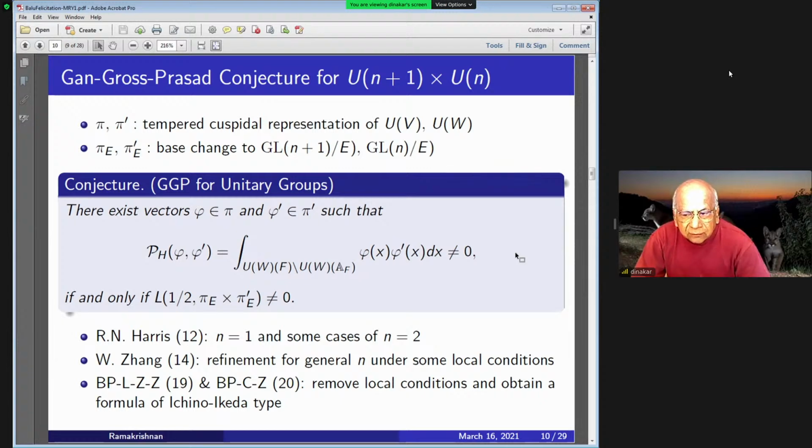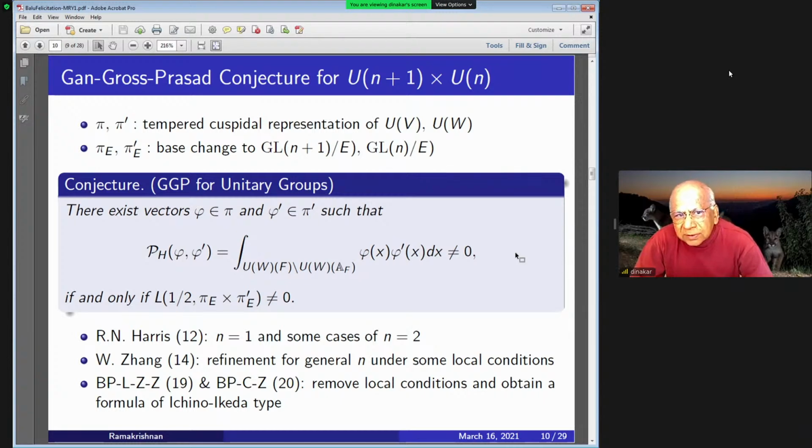This is a kind of generalization of the work of Waldspurger. Because when you take U_2, that's essentially like GL_2, and U_1 is like taking the elements of norm 1 in an imaginary quadratic field. So this is very much like Waldspurger, and GGP is short for Gan-Gross-Prasad.